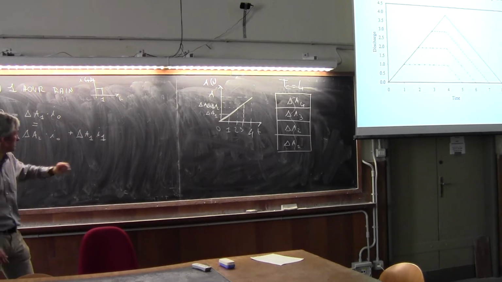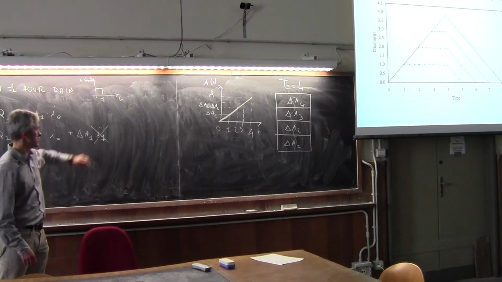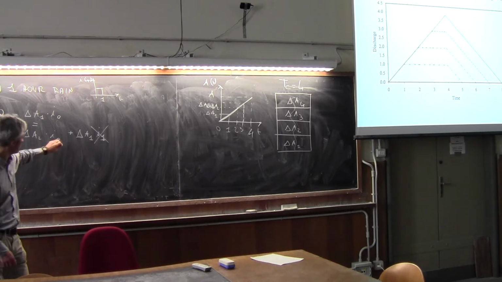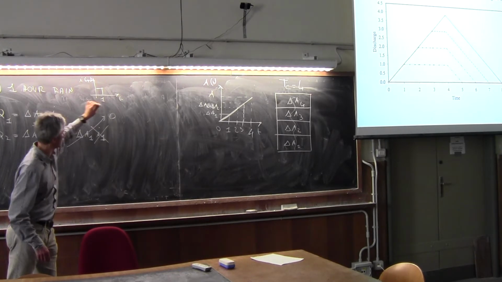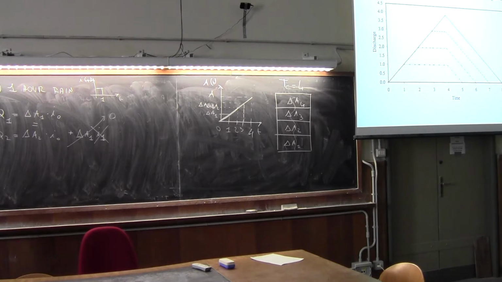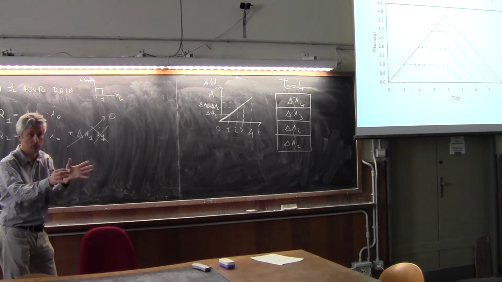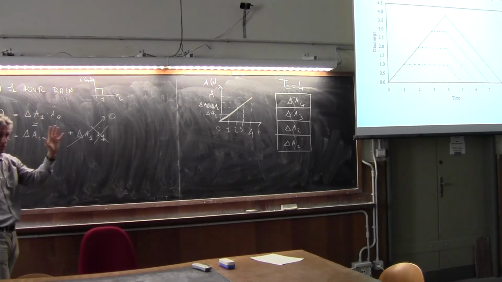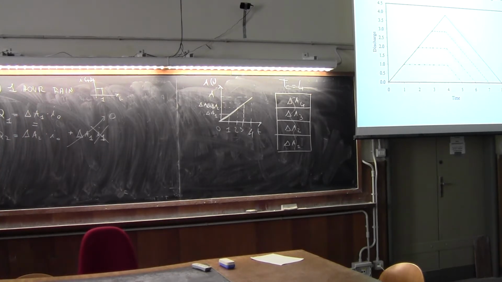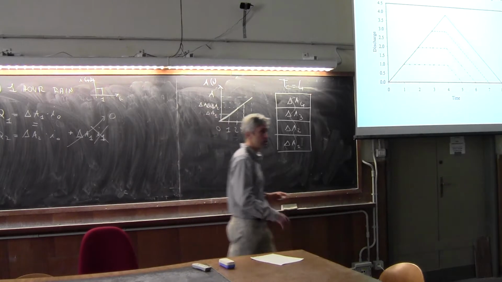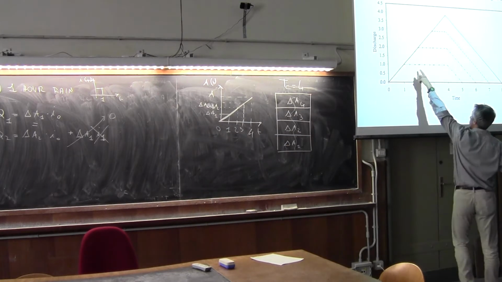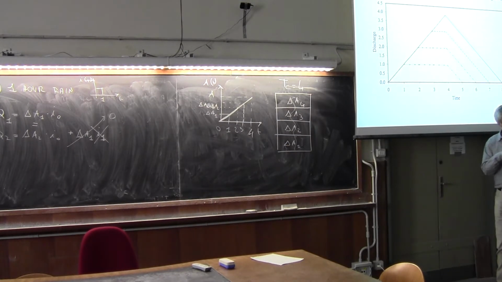But I1 is 0, so this term is 0. Why is I1 0? Because I have just 1 hour of rainfall. It's just I0. I1 is no more rainfall. And given that I0 is the same, you have the same value of river flow. In fact, you see that after 2 hours, this line is just moving horizontally. It doesn't change the river flow.